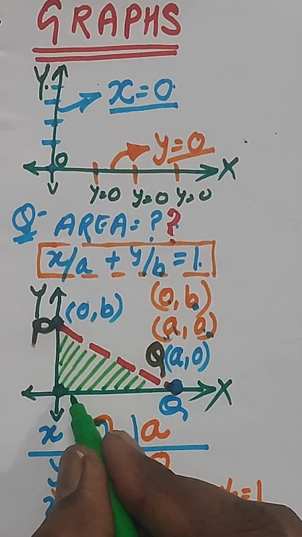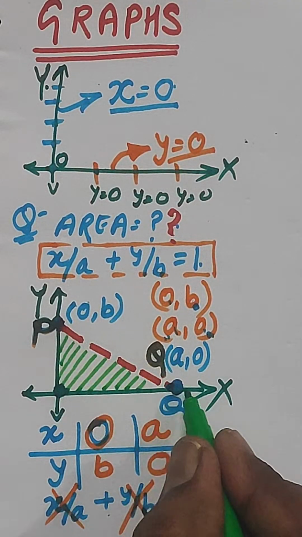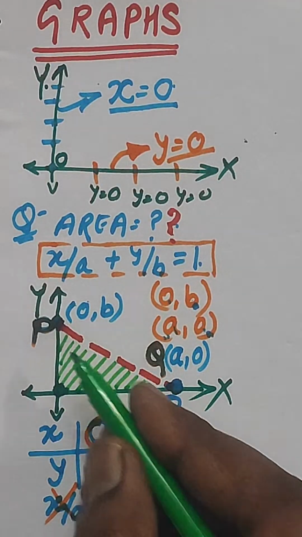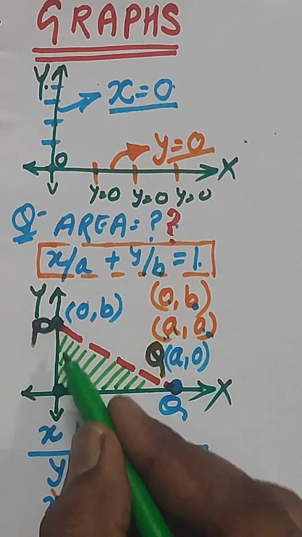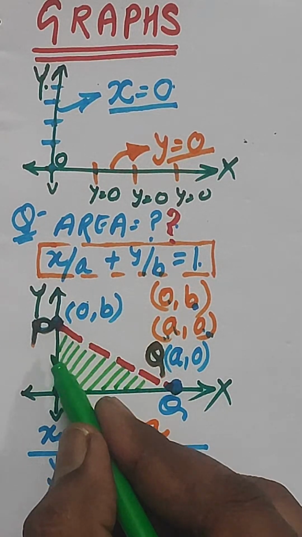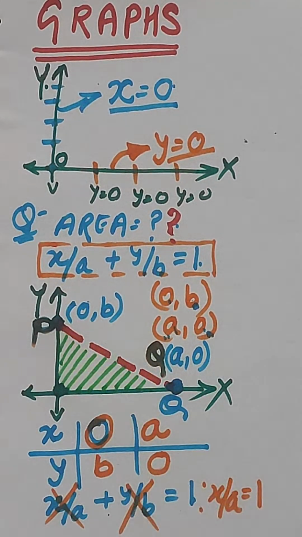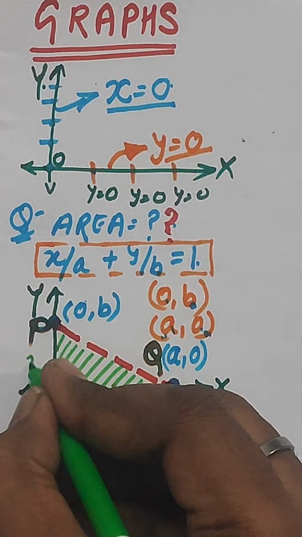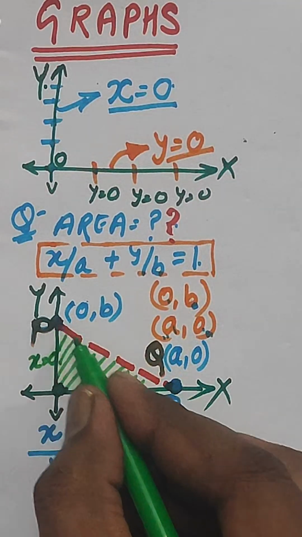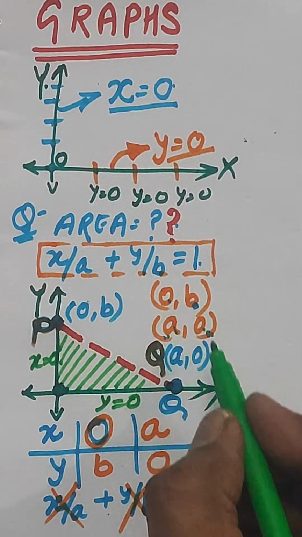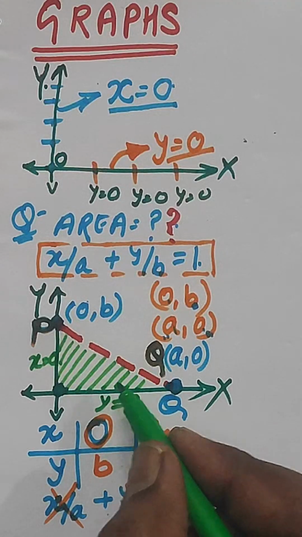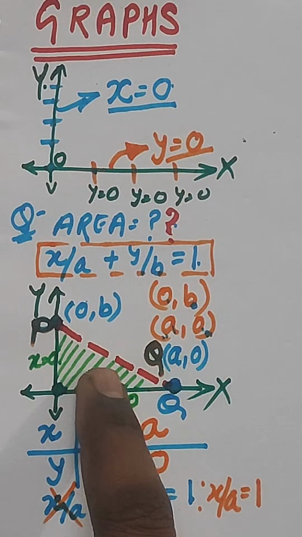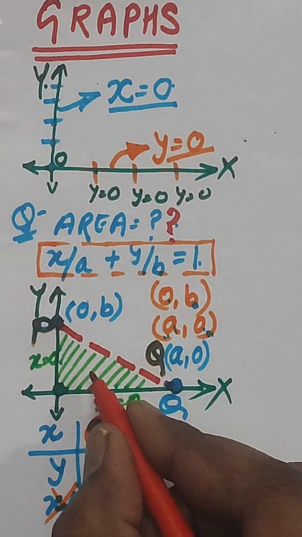Because the x-axis is making a boundary from below, and the y-axis is making a boundary from the left-hand side. So with these three lines, y equal to 0, x equal to 0, and x by a plus y by b equal to 1, this triangle is formed, and the area of this triangle needs to be calculated.